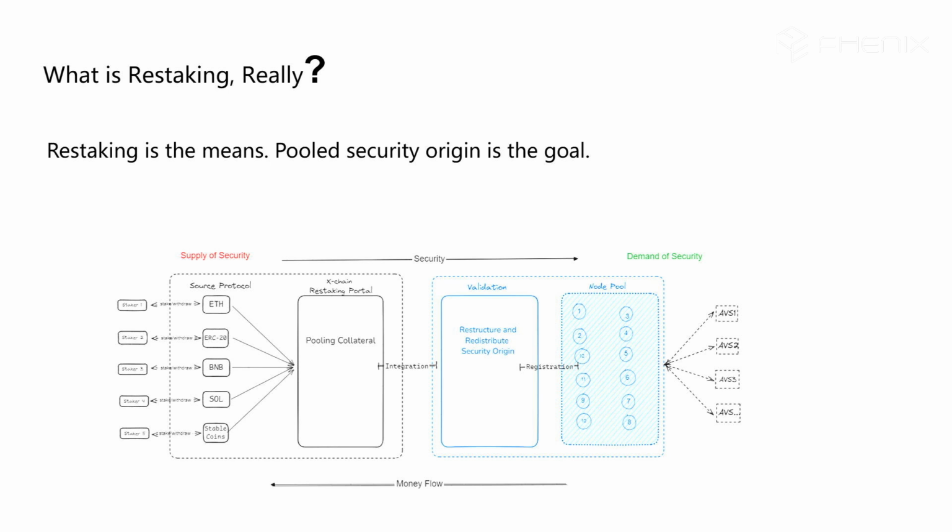However, nobody right now is really focused on restructuring and redistributing the security origin, allocating the proper amount of security to the right AVS, which varies a lot in terms of their business natures, security needs, affordability, and even decentralization degrees.